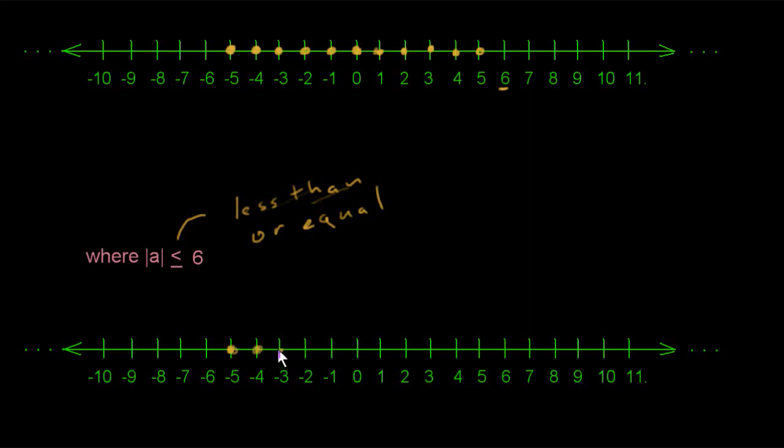And so we could put all the numbers that we've plotted before, because all of those numbers are less than 6, the absolute value. And the new part is that it could be equal to 6. And the absolute value of 6 is 6, so we want to include that. And the absolute value of -6 is also 6.